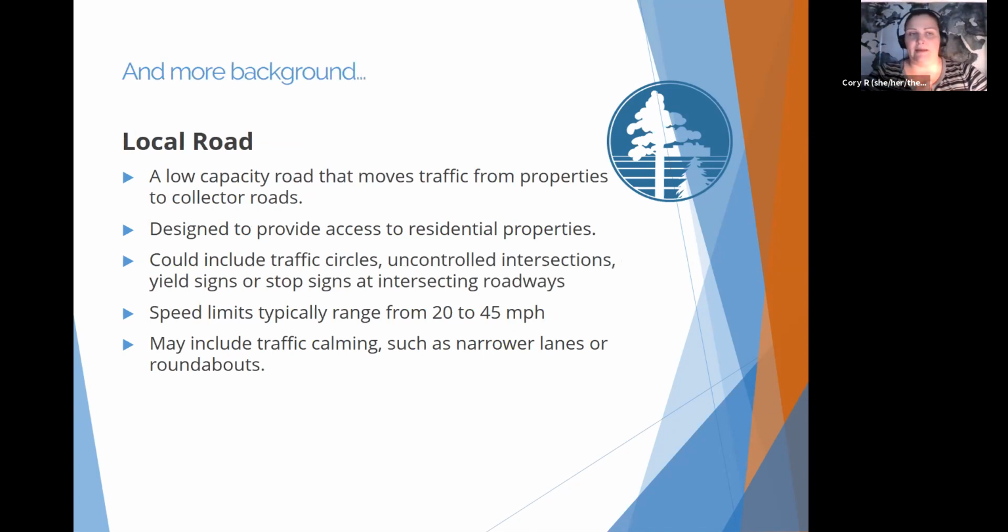These are our low capacity roads, residential properties, with lower speed limits. This is where you're going to find a lot of traffic calming features. And you may even have uncontrolled intersections, yield signs, stop signs, versus lighted intersections. Those would be something like a local road coming up to a collector, and then from a collector to an arterial. But generally, this is the sort of thing.